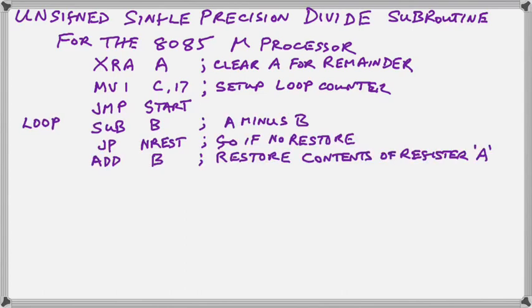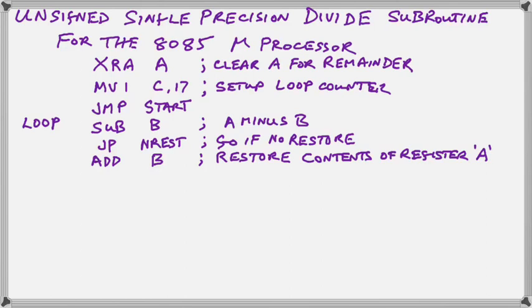Now this little piece of code is what actually does the subtraction. The first line, sub B, says that we're going to subtract whatever is in B. We are going to put our divisor in B before we start the routine. So we will subtract the divisor from essentially the remainder. But the remainder has to grow to be big enough for us to take the divisor from it.